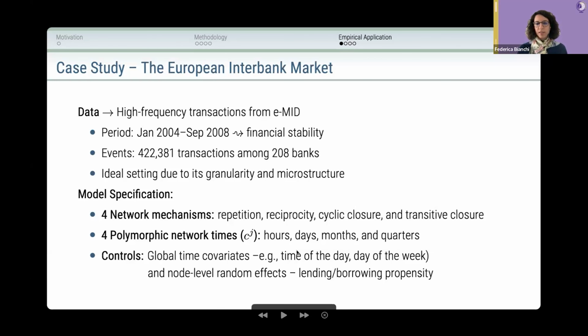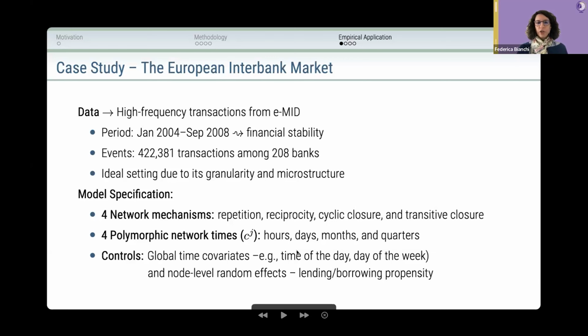First, to fulfill some of their liquidity needs, and secondly, they also have to satisfy certain reserve requirements that are imposed, for instance, by the European Central Bank and other regulators.